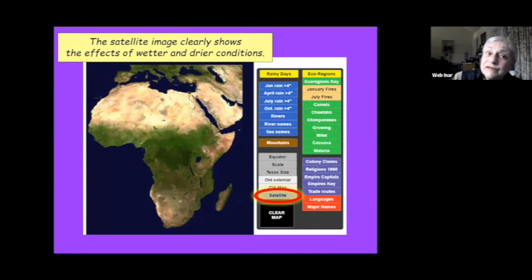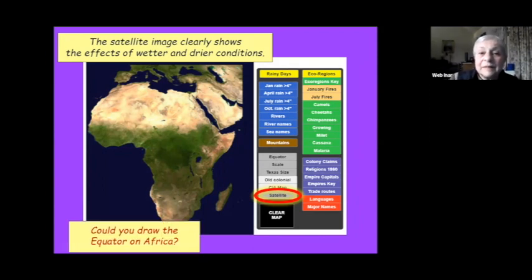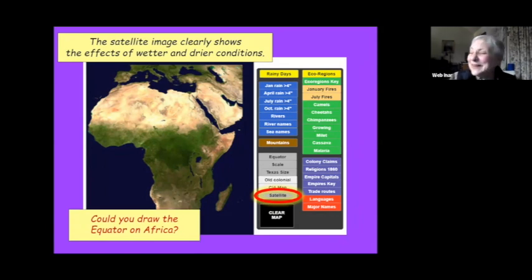You can see the effects of the wetter and the drier places on this wonderful satellite image, which I've clicked on. Could you draw the equator? And we're going to see the equator under the huge bulge of Africa through a tinier bulge.